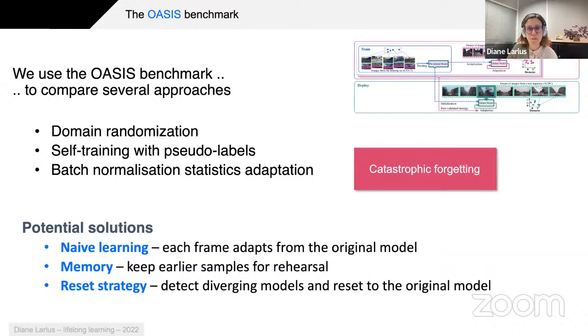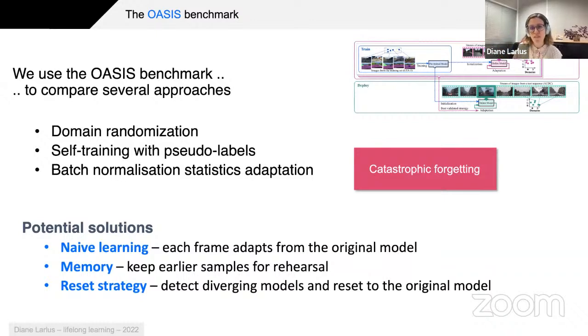And finally, something that is very easy to implement is a reset strategy. This would be a strategy that looks at a number of properties of the model as it gets updated. And when some threshold is met on these properties, like detecting that some classes disappear too often or something else goes wrong, then the original model that has been kept as a checkpoint is reset and reused as a starting point.